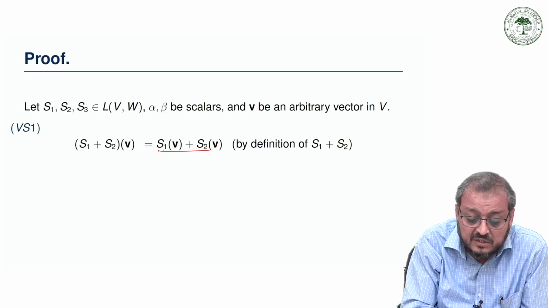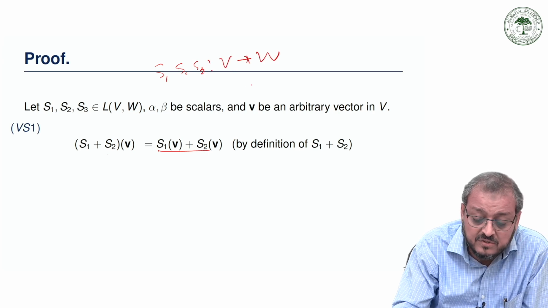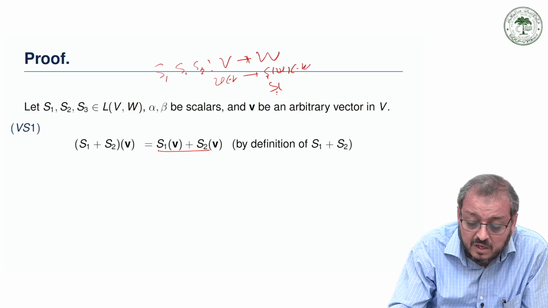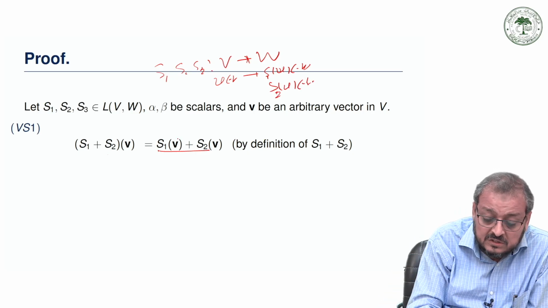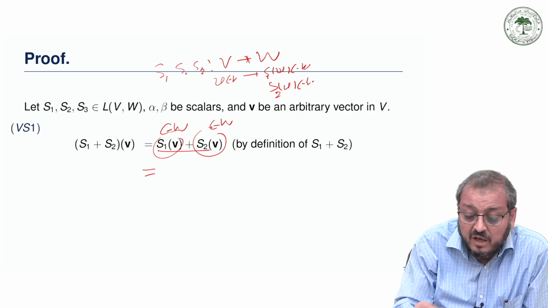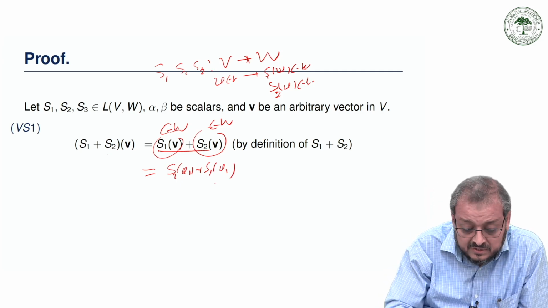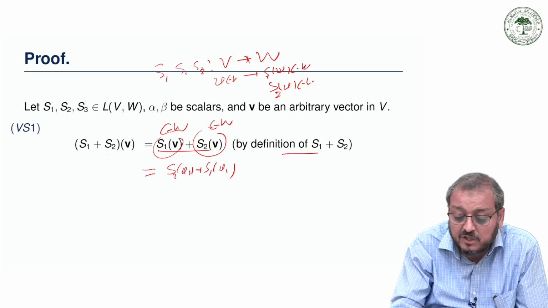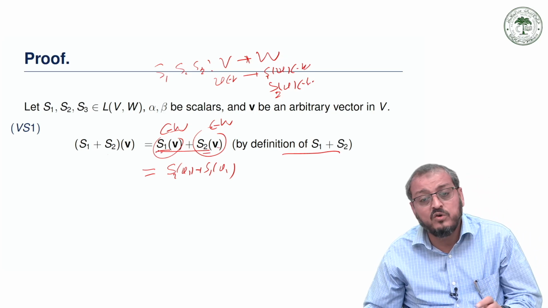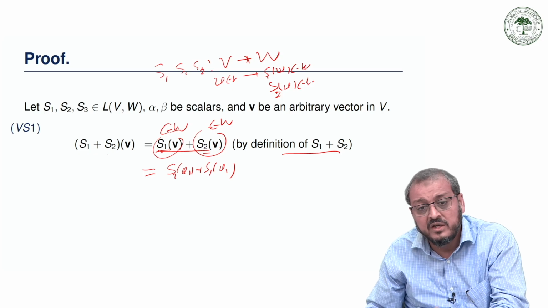Because S1, S2, and S3 are all maps from V to W, and W is a vector space, if we have v in V, then S1 of v is an element of W, S2 of v is also an element of W, and so on. Both belong to W, and W is a vector space, which is commutative. So this equals S2 of v plus S1 of v. First we use the definition of the sum of two linear maps, then because these are elements of W, and W is a vector space, addition should be commutative, such as w1 plus w2 is the same as w2 plus w1.